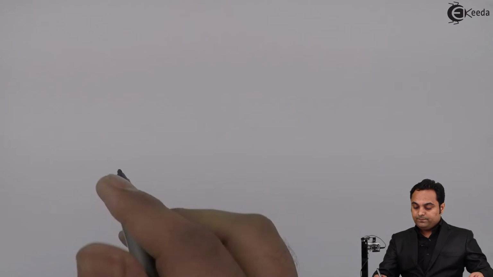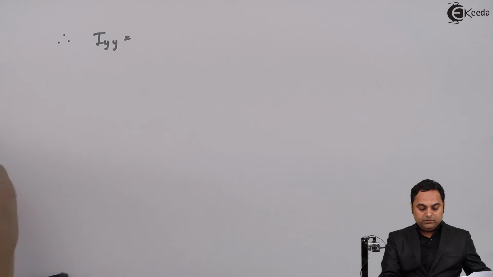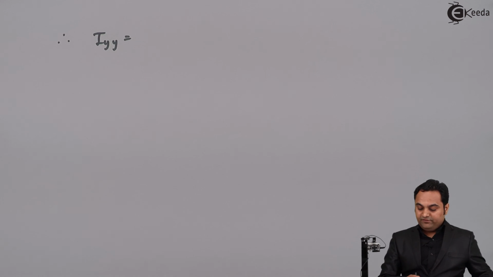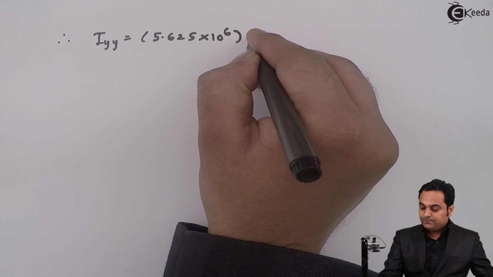So therefore Iyy is equal to Iyy1, that was 5.625 into 10 raised to 6.